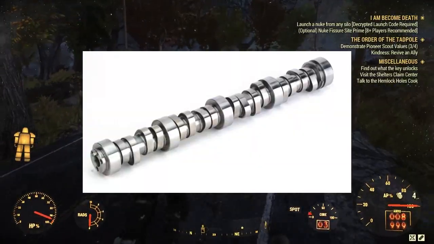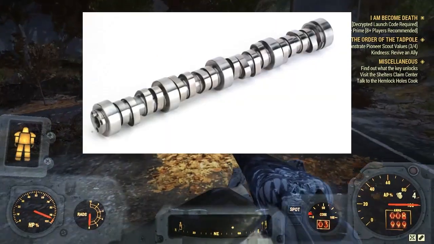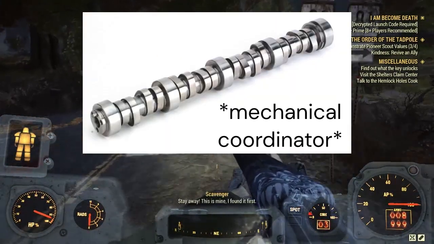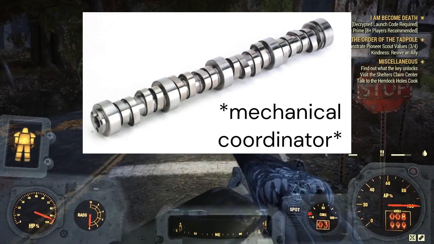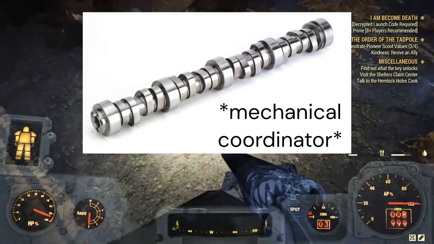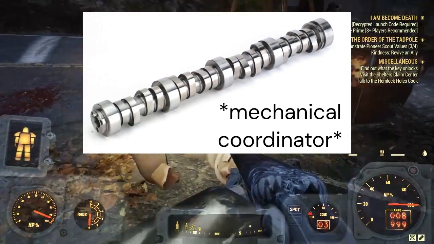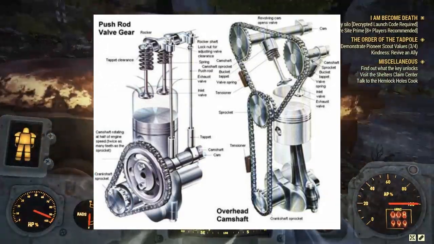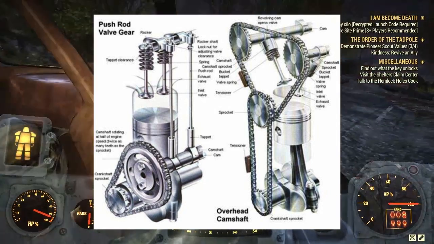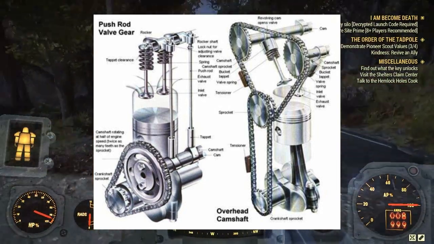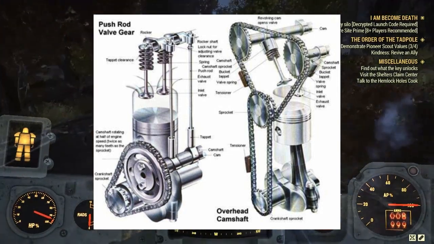Then we have camshafts. Camshafts are basically the mechanical component that tells the valves when to open. They mechanically either push it open or they tell a very complex system, a long list of components, when to open the valve.